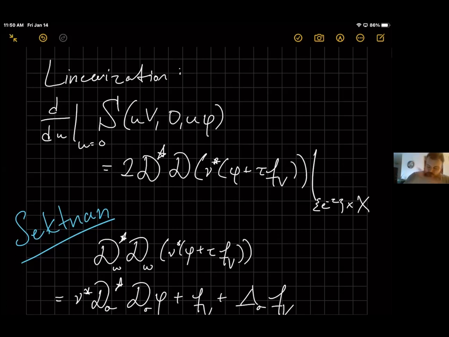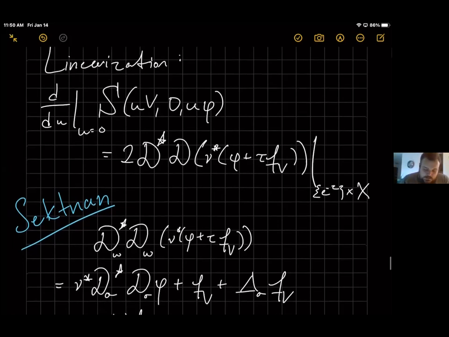And the way this works out is you just compute the linearization of the thing. If you've seen the linearization of the scalar curvature operator before, you'll notice the only additional piece here is we get this tau times fv that's arising from the linearization of the map that takes a vector field to its gnarl, and this tau times fv thing is precisely what was missing when those were the extra kernel elements in the kernel of the Lichnerowicz operator.